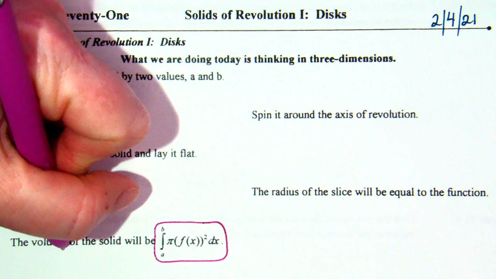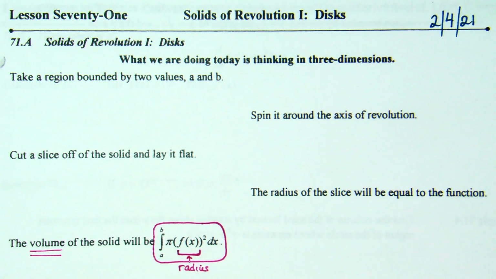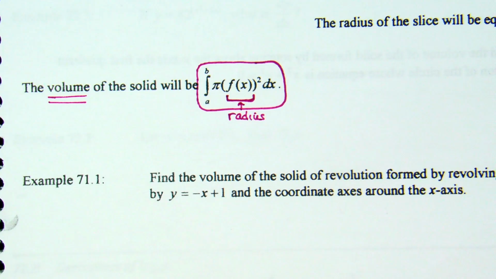This is volume here, right? And the idea, we're basically using the area of a circle. If you remember area of a circle is pi r squared, right? Pi times radius squared. And so that function is replacing our radius. Okay, the function is replacing the radius.